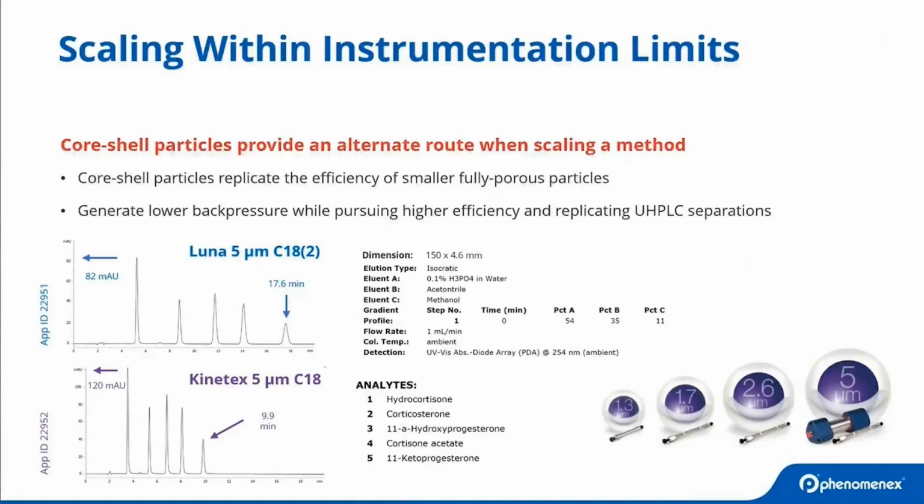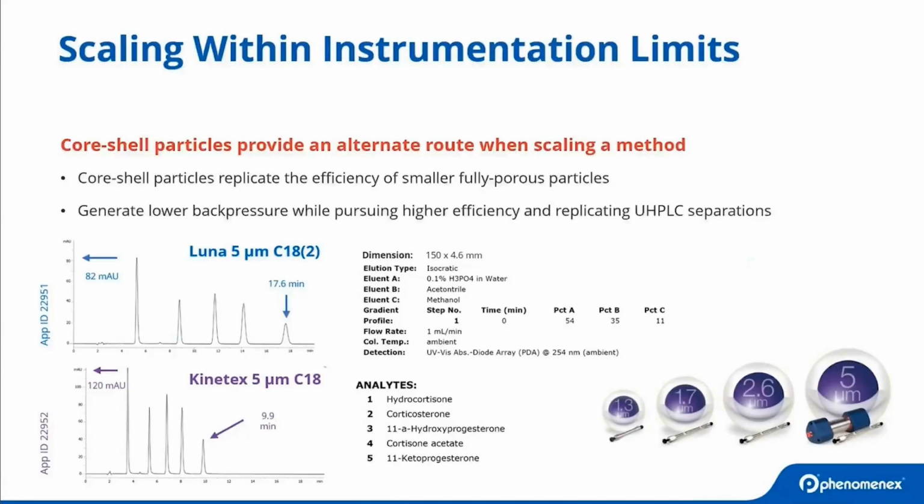And so all of that is fantastic if your instrument can handle the higher back pressure that is commonly associated with smaller particles. If you're working within limited back pressures, or perhaps you just want to keep back pressure on the lower end of things, just out of precaution, then core shell particles are a fantastic alternative to achieve UHPLC results.